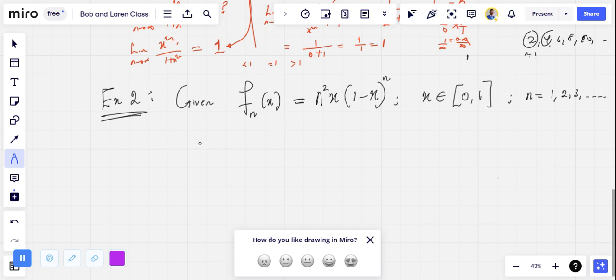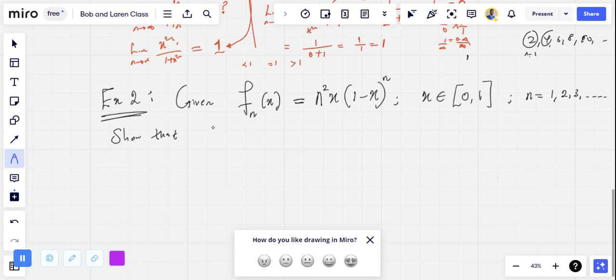Now, what do we want to prove in this question? It says given f_n of x equals this, such that x is in this range, bounded below by 0 and above by 1, then show that, please take note of this proof, it's very, very important.